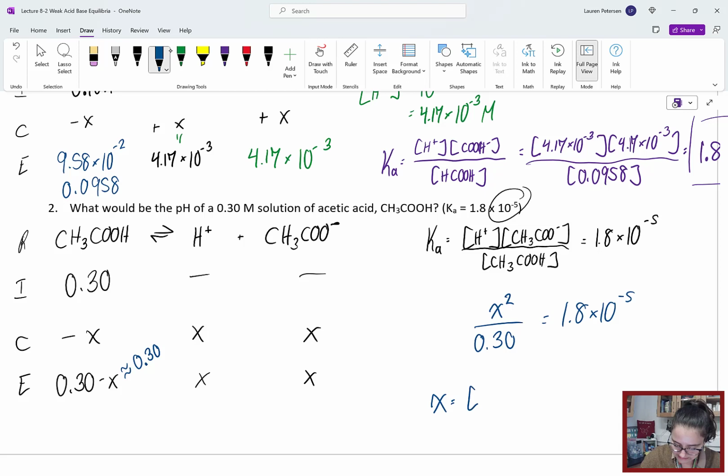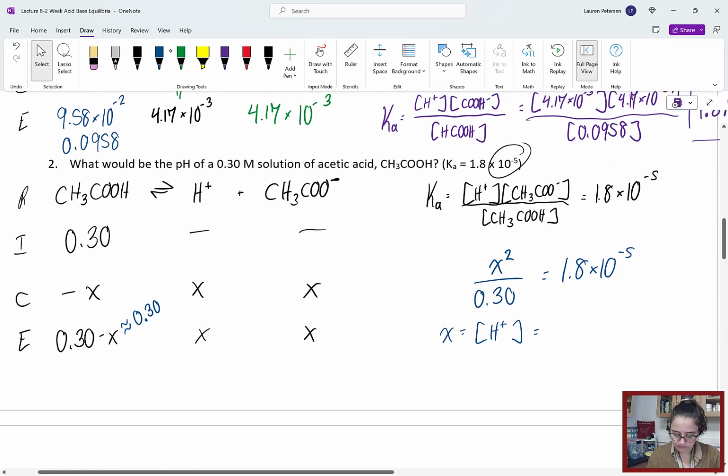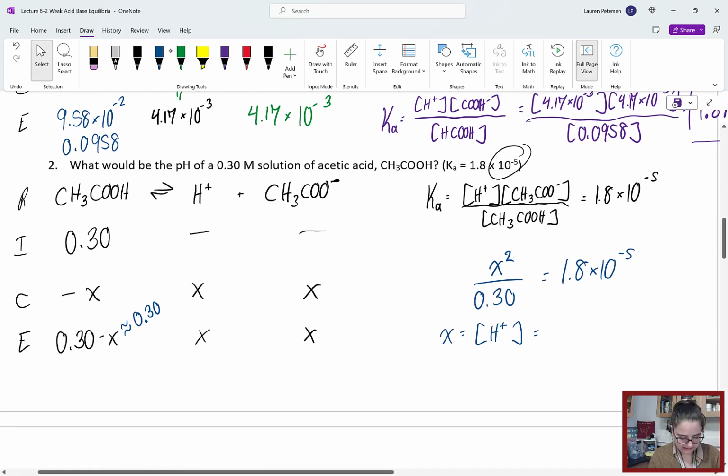And we get an X, which is our concentration of H plus, to be 1.8 times 10 to the negative 5 times 0.3, and then we take the square root of that.